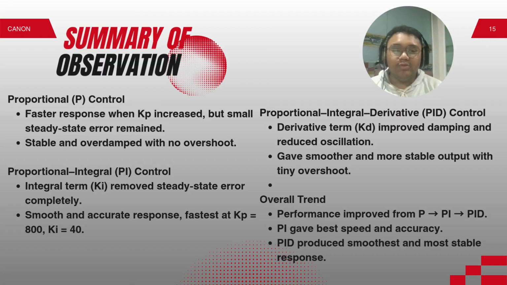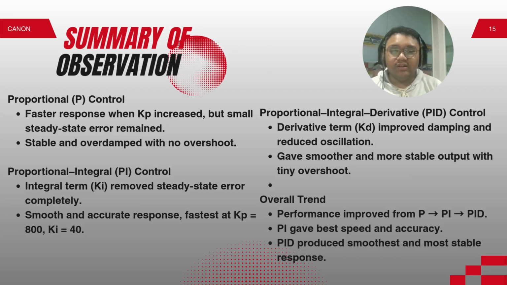Then, for the proportional integral derivative PID control, the derivative term KD help improve damping and reduce oscillation. The result is a smoother and more stable output with only a very small overshoot.